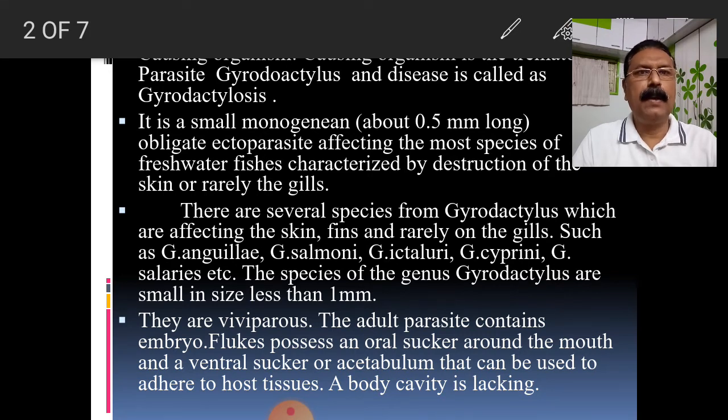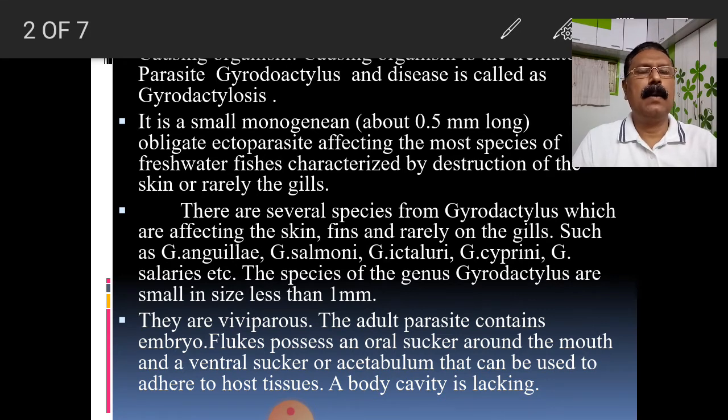You know very well this Gyrodactylus is a monogenetic trematode, because it requires only one host to complete its life cycle. So this monogenetic trematode affects the skin surface of the host, that is fishes, and damages the skin, and when it is severe, at that time the fish may die.